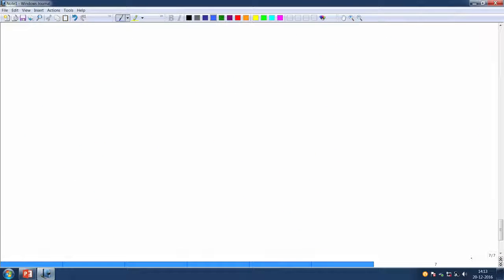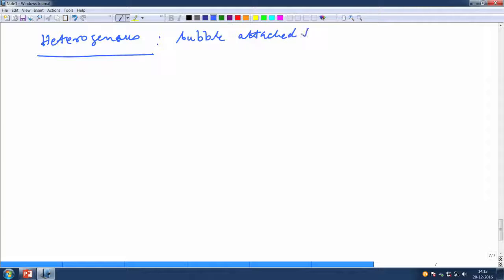Now, in the case of heterogeneous bubble growth, the bubble is attached to a surface. So, the vapor bubbles are attached to a heated surface, and basically the growth occurs in a non-uniform temperature field, to say the least.